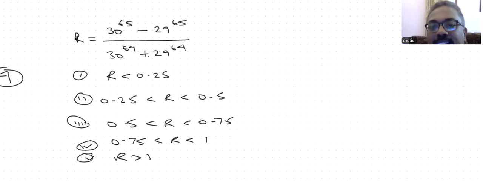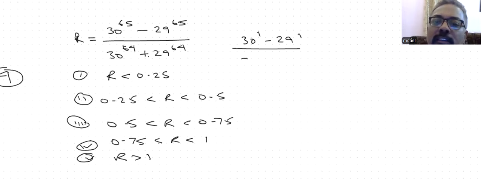We are not considering negative power, obviously, because 65 and 64 are non-negative integers. Say the numerator power is 1, denominator power is 0. The numerator is 1, denominator 1 plus 1, 2. It is half, means 0.5. Chalo, this option is off. Right?